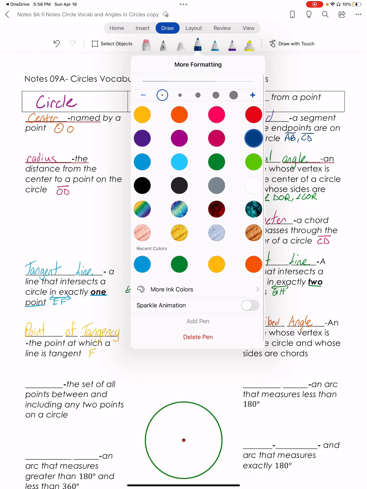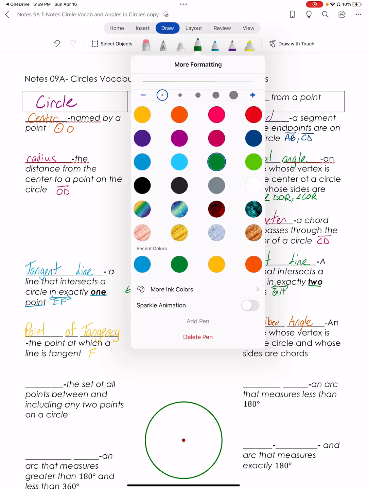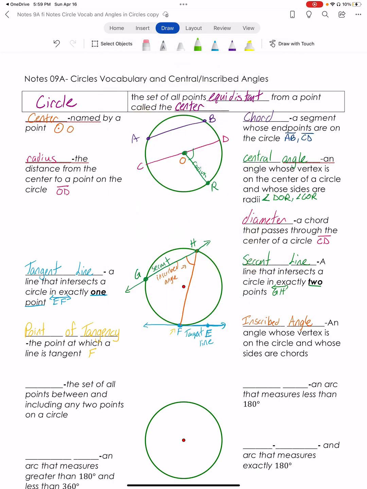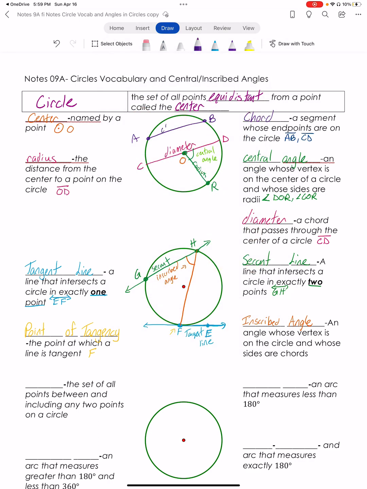Okay, this green one right here, this is a secant. This is a radius. This right here is a central angle. We have our diameter, and we have our chord, if you will. So that looks a little bit nicer, doesn't it?